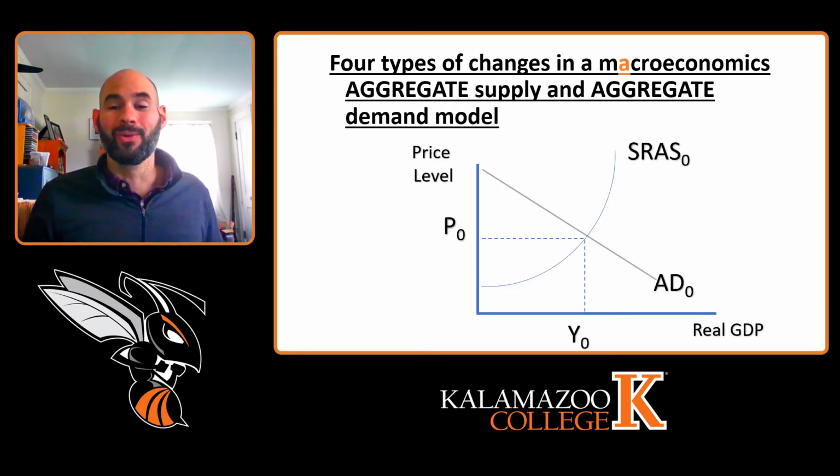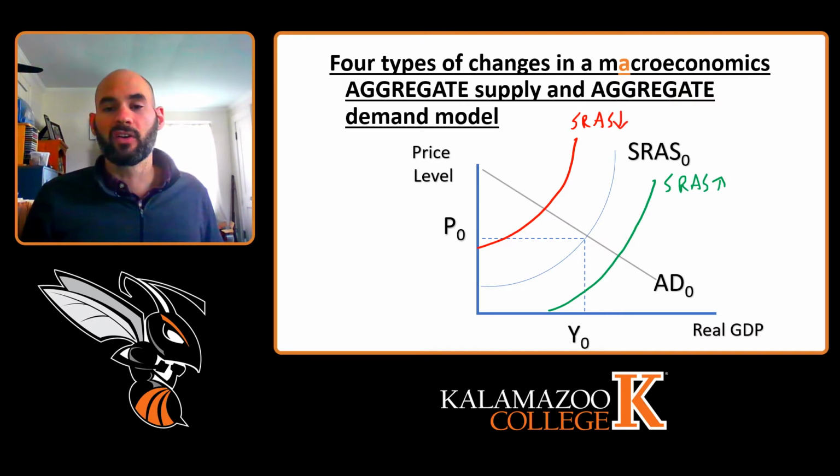So as alluded to, we can think of the same types of shifts in the macroeconomic model of aggregate supply and aggregate demand, where we have an increase in the short-run aggregate supply curve, so SRAS up, a decrease in the short-run aggregate supply curve, SRAS down, an increase in the aggregate demand curve, AD up, and a decrease in the aggregate demand curve, AD down.